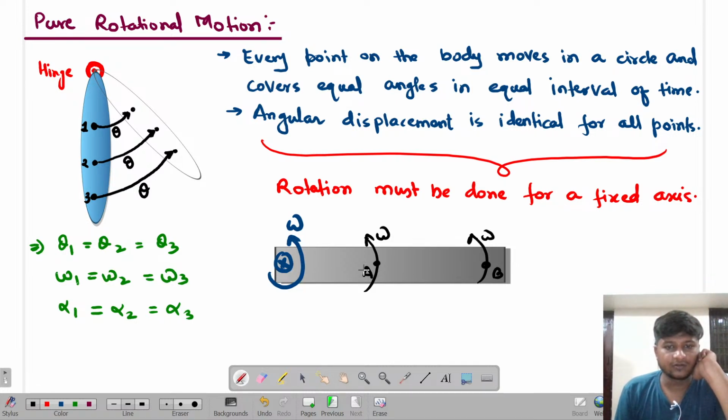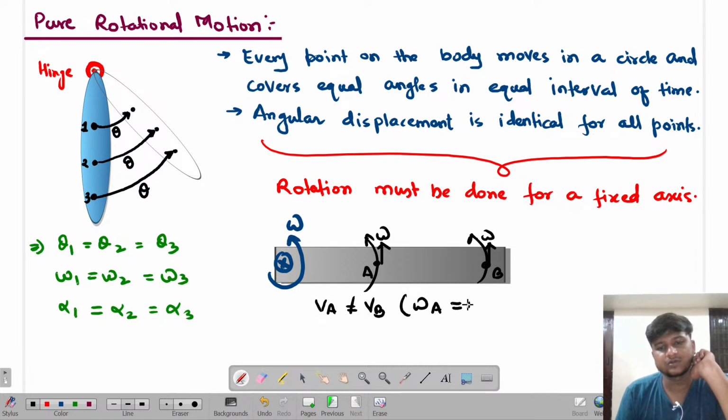So what I observe, are they doing any kind of translation? No, their distance always remains the same, but you look over here, the velocities are different at each and every point, or not? Yes. So here velocity of A is not equal to velocity of B. But what is the same?